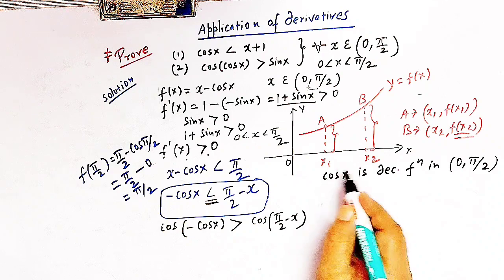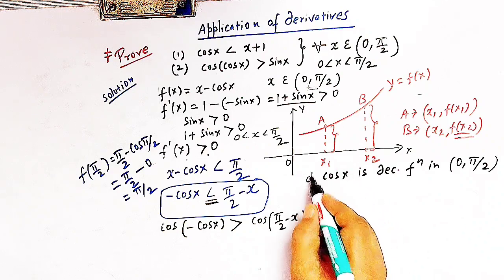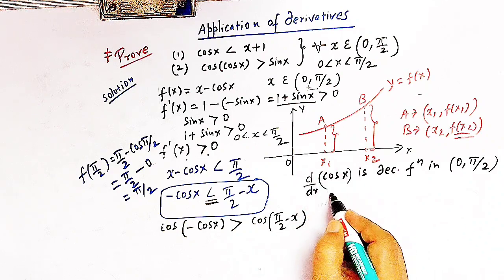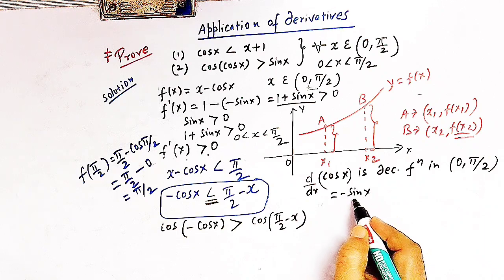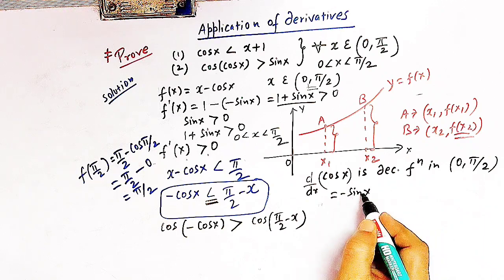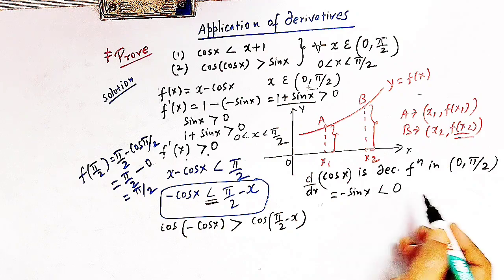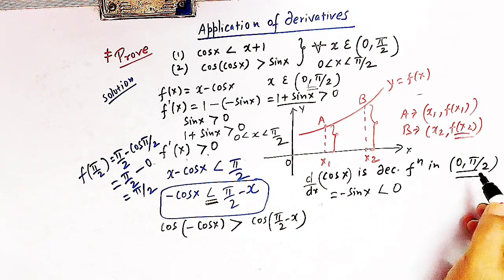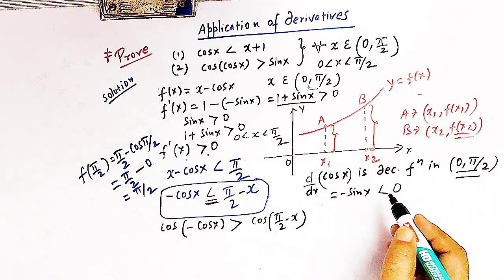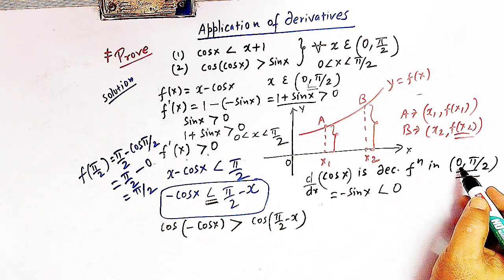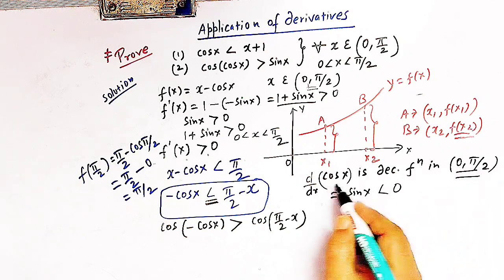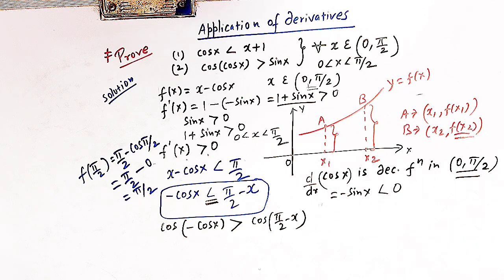Because when we find the derivative of cosine x, then the derivative is equal to negative sine x, and sine x is positive, so minus sine x is less than 0 in this interval. So the derivative of cosine x is negative in the interval 0 to pi by 2, hence cosine function is a decreasing function, right? So here when we take cosine of both sides, the direction of the inequality gets reversed.